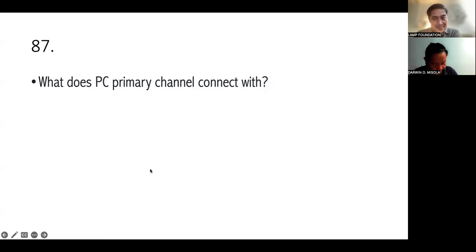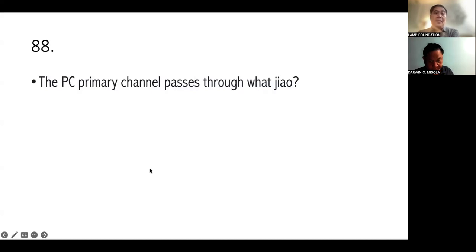It descends through the diaphragm to the abdomen. The pericardium primary channel passes through what jiao? Upper, middle, and lower, all three of them.